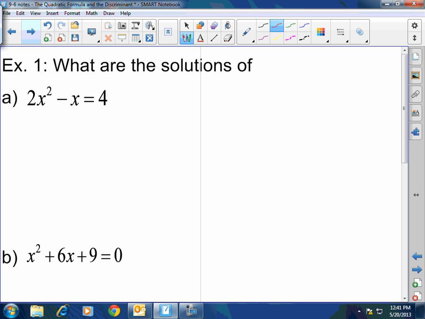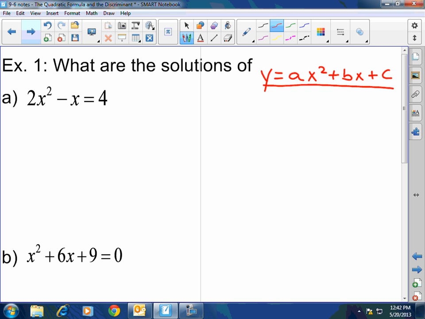Okay. Let's put it to use, my friends. What are the solutions of 2x squared minus x equals 4? Well, the first thing we want to do is turn this into a trinomial. Always remember that when we're dealing with completing the square or factoring or any of the methods to solve a quadratic function, we're dealing with the function y equals ax squared plus bx plus c.